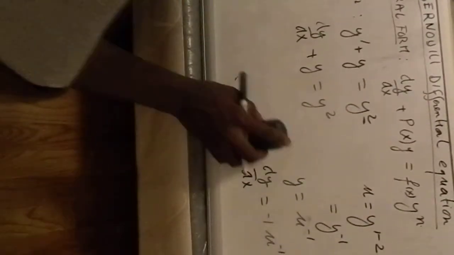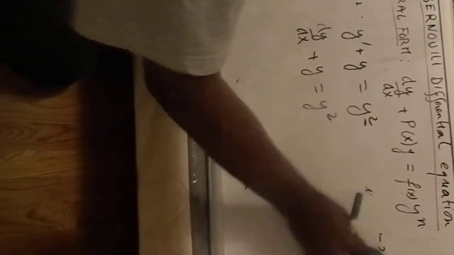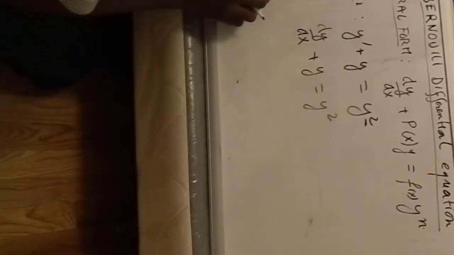With that in mind, let me replace everything into my initial equation. Let me put my initial equation here: y prime plus y equals y squared. That's my initial equation, and now I'll replace everything by u.